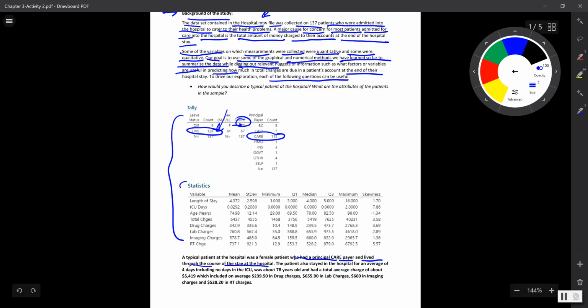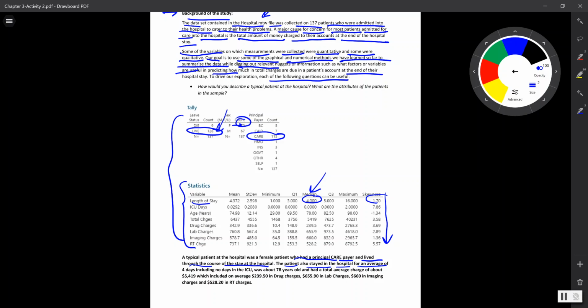And then coming into the arena for quantitative variables, the patient also stayed in the hospital for a length of stay of 4 days. Remember, I am reporting the median because all of these variables are highly skewed.